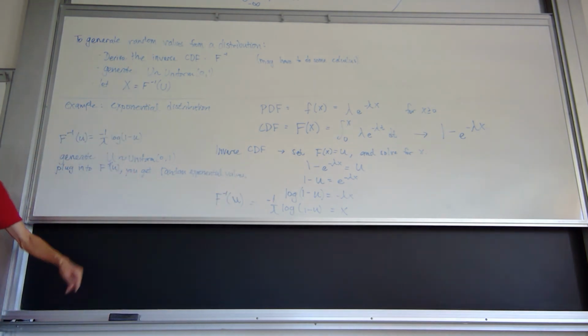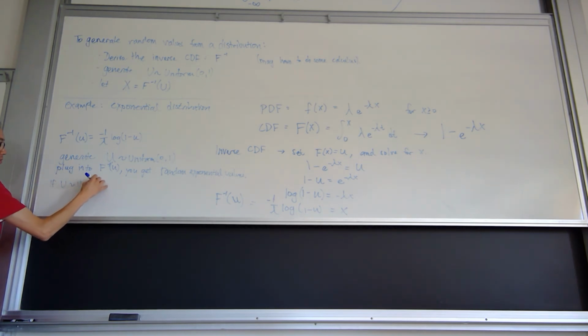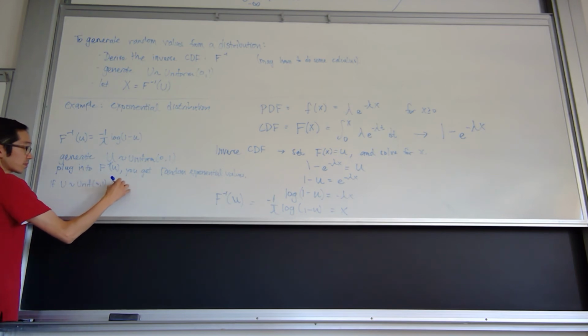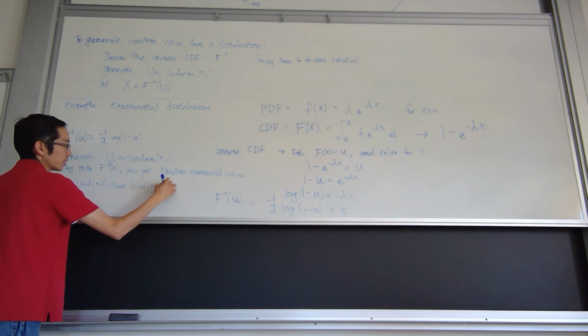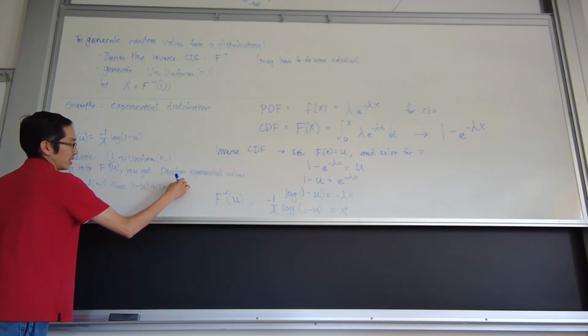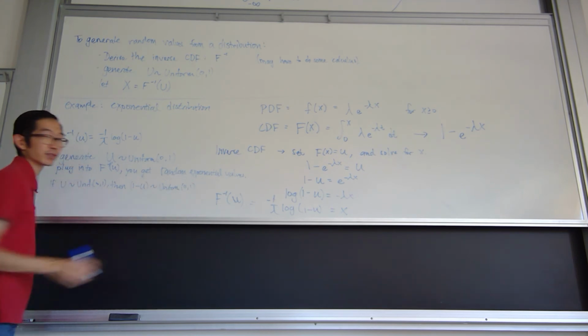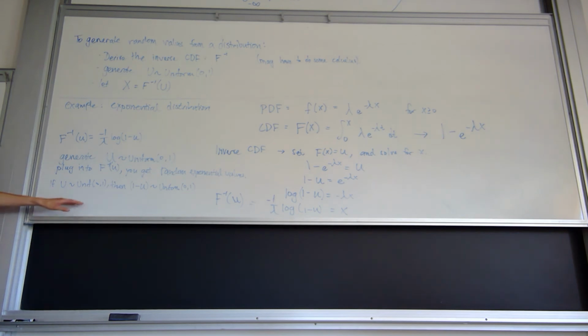Okay, and then in fact, if u comes from uniform 0 to 1, then the value 1 minus u will also come from uniform 0 to 1, right?